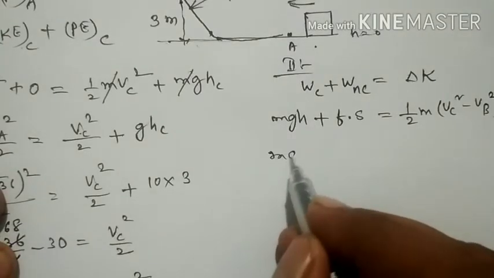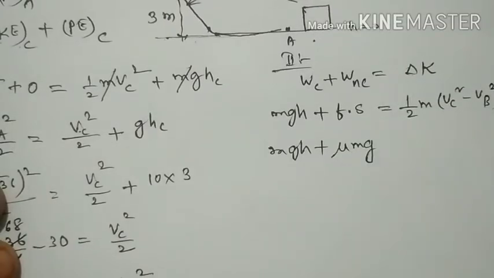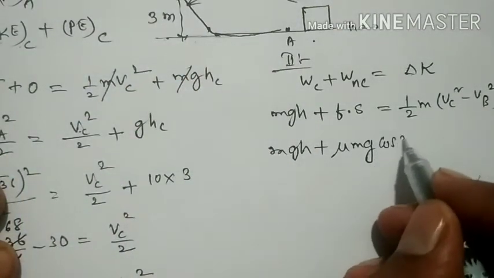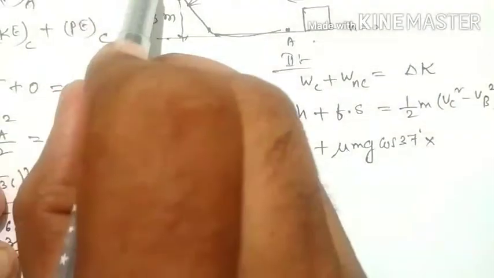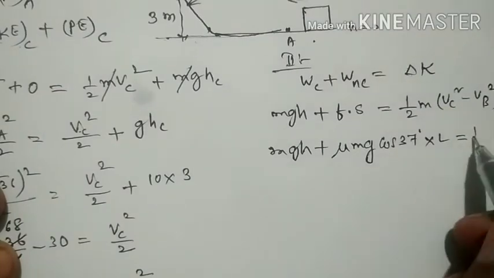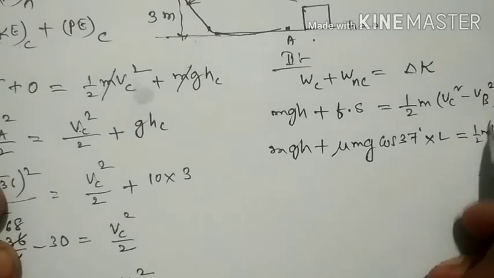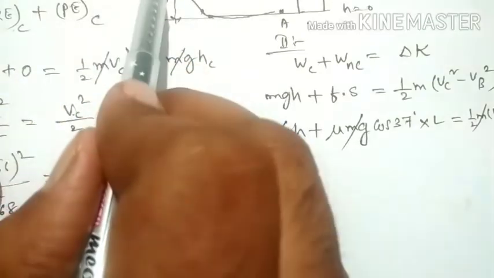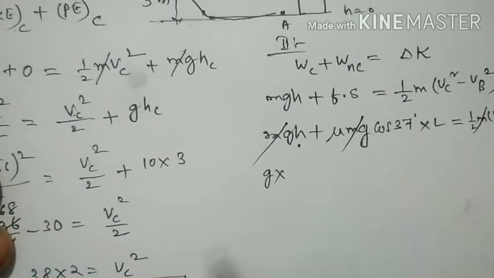So if you extend this, mgh plus mu mg, as it is an inclined plane, the angle is also given. It is cos 37, normal reaction mg cos 37 multiplied by displacement, s means L. Here h is also you have to write, equal to half of m into vc square minus vb square. m gets cancelled. So what is h?